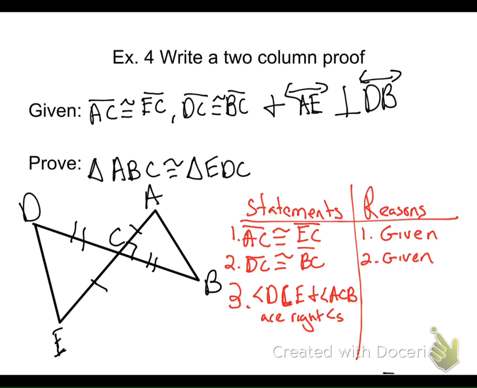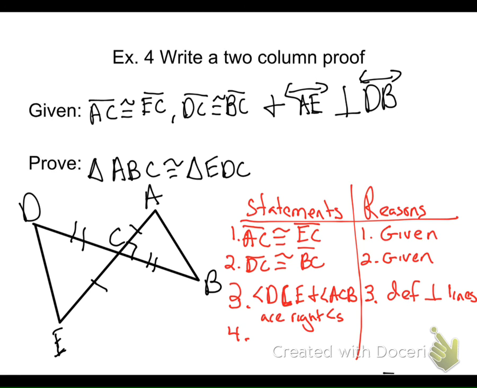How did we know that? What told us that? The square told us, but specifically we see that line AE is perpendicular to line DB, right? So we're going to say that our reason is the definition of perpendicular lines. We know that perpendicular lines form right angles.